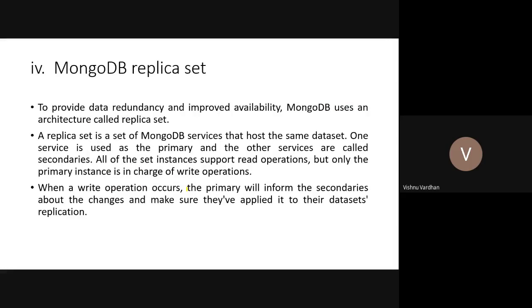Then MongoDB replica set. To provide data redundancy and improved availability, MongoDB uses an architecture called a replica set. Thereby we are providing redundancy also. Redundancy means duplication. The importance of having duplication is that whenever there is any failover, the same information can be looked up or retrieved from somewhere else.